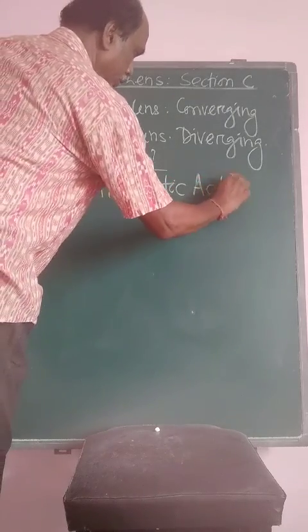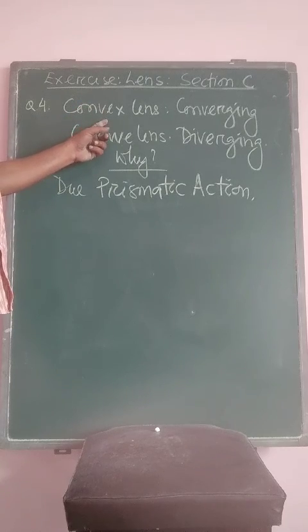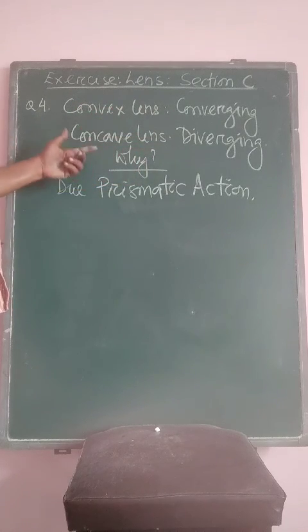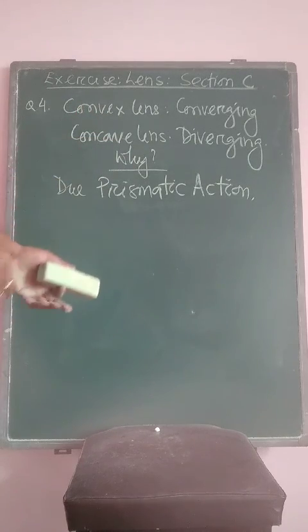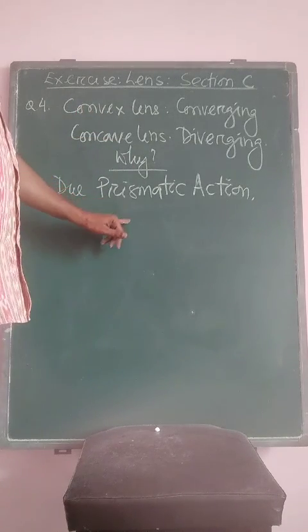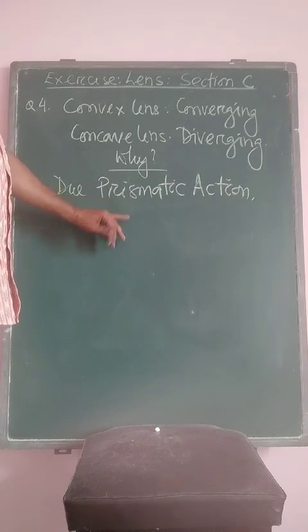In the prism topic, it has been clearly explained how a convex lens converges the ray, how a concave lens diverges the ray. Please see the topic prism for detailed answers.